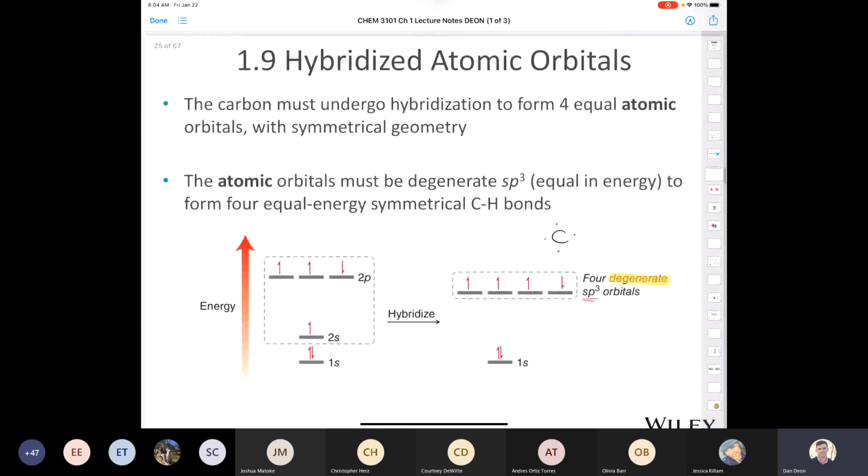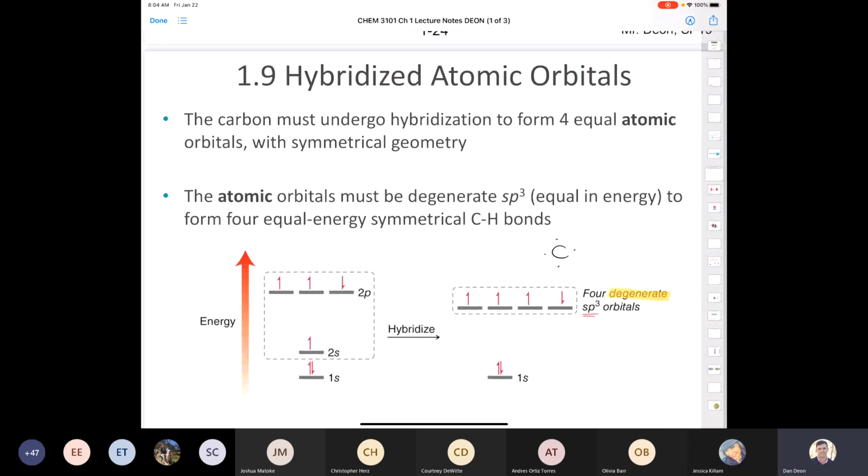And so the answer is that the orbitals must undergo what's called hybridization in order to form 4 equal atomic orbitals with a symmetrical geometry. And we call these orbitals hybrid orbitals. And the reason why is because we're mixing orbitals, aren't we? We're going to mix the 2s orbital and we're going to mix the 3 2p orbitals to make 4 degenerate, or equal energy, sp3 orbitals.